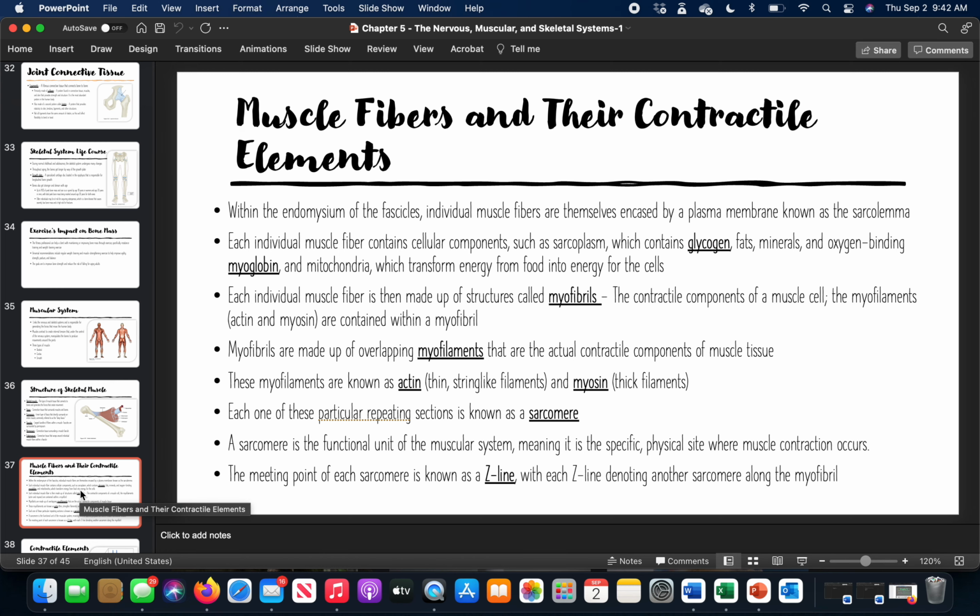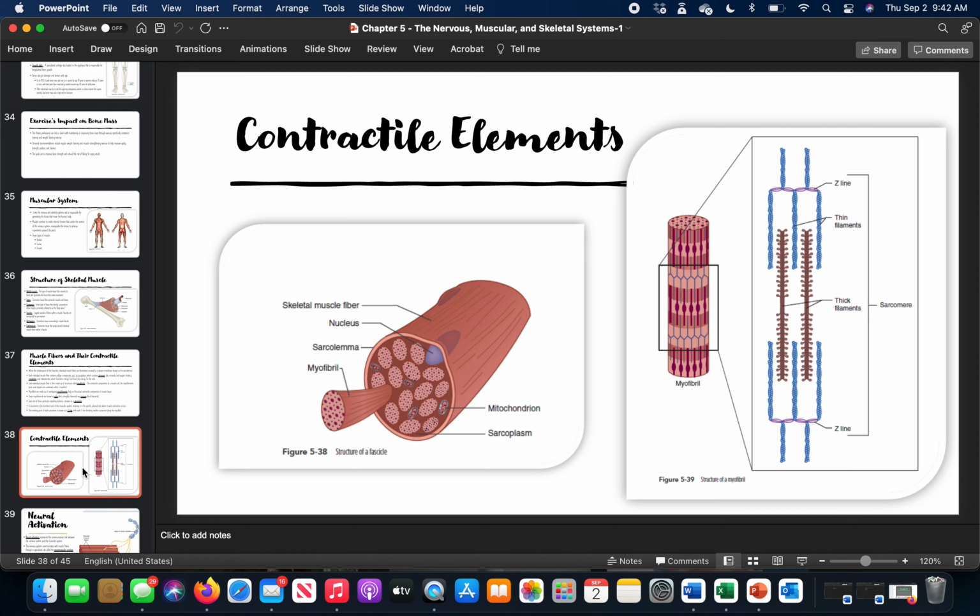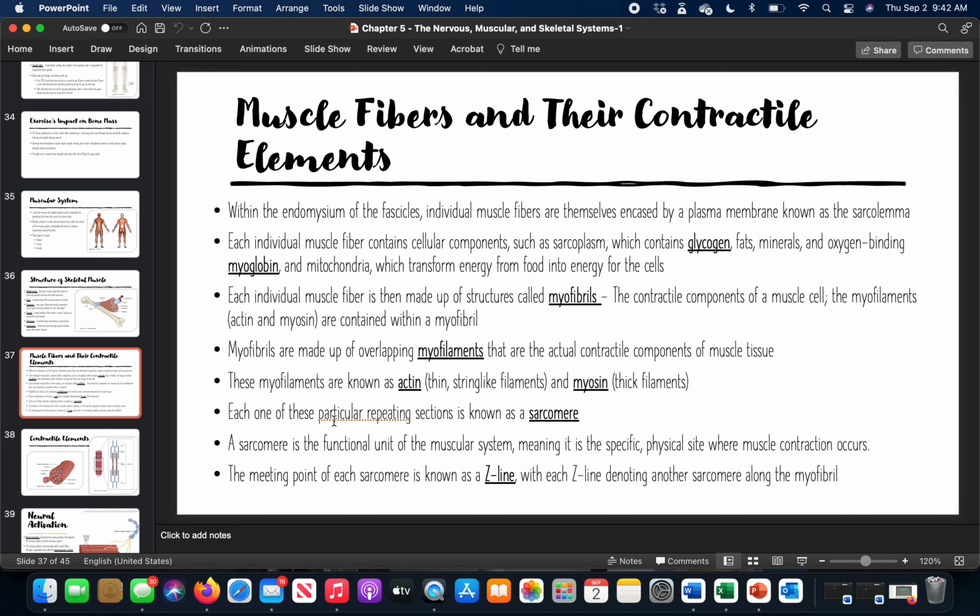of the contractile elements, which you will find in this picture a little bit more. Okay, so when we talk about your contractile units, understand that within a fiber, you're going to find a lot of different components, okay? You're going to find sarcoplasm, a fluid base. You're going to find glycogen, fat, minerals. You're going to find myoglobin. So again, myoglobin is like muscular red blood cells. You're going to find mitochondria, really taking food stuff and turning it into energy within the cells, okay?